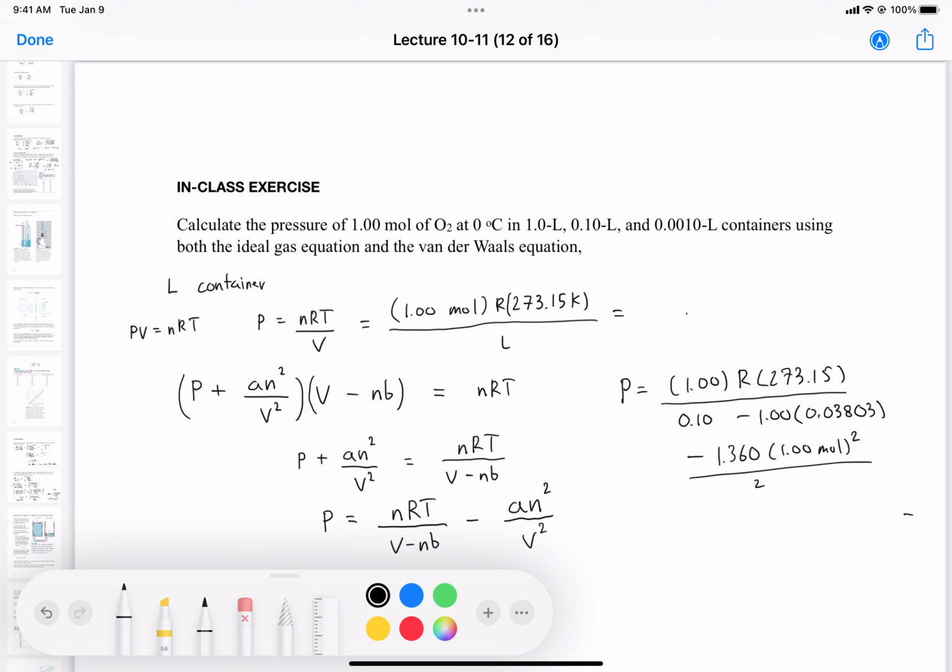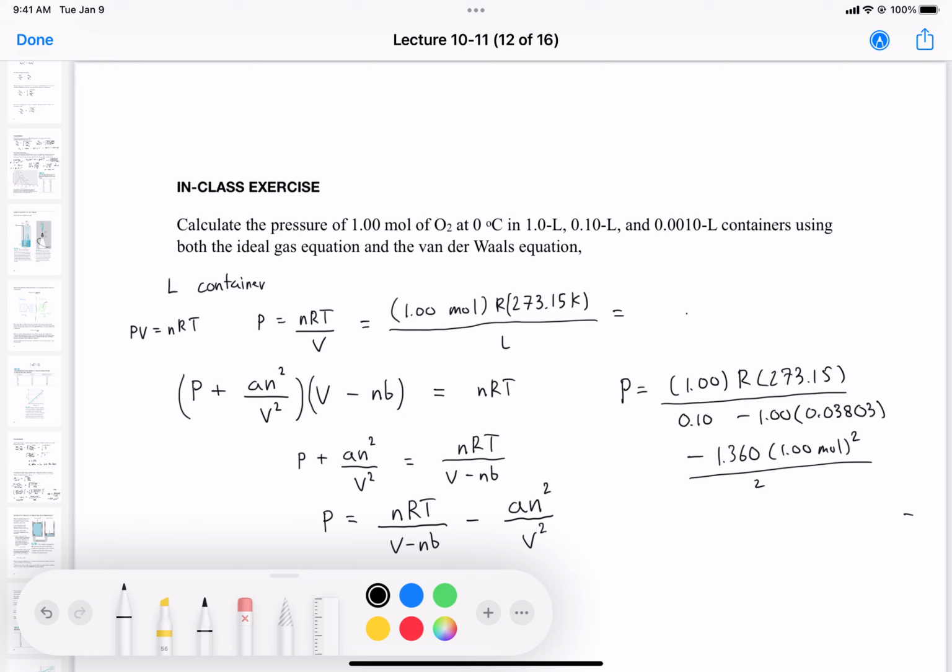I think I meant to write 0.010 liters. Yeah, I think that's what I was supposed to write. So that's really small, and it doesn't really match up with our volumes here.